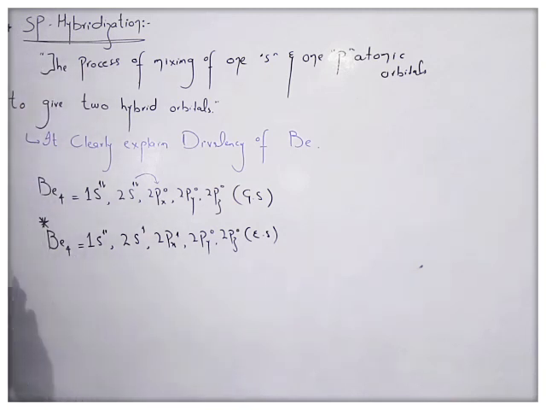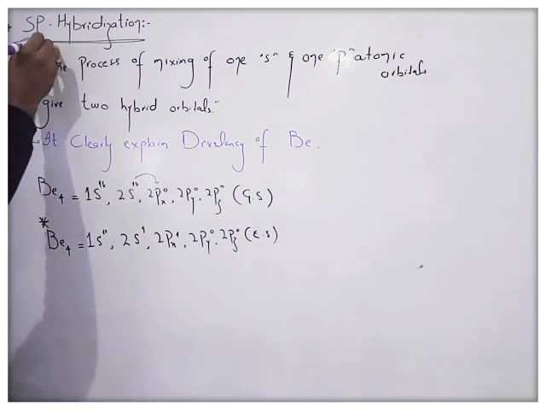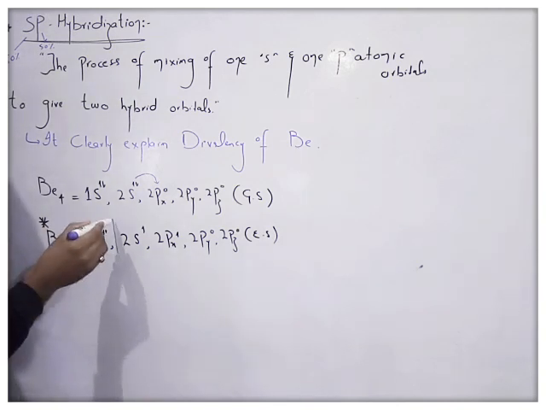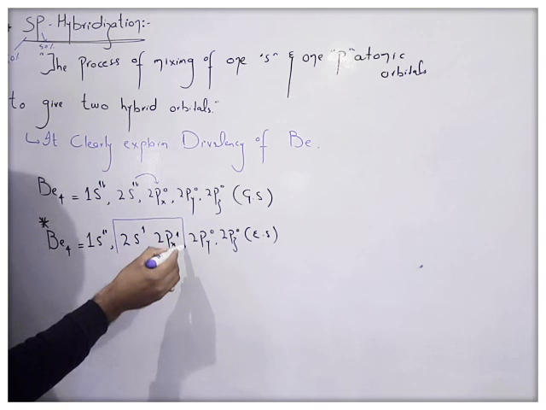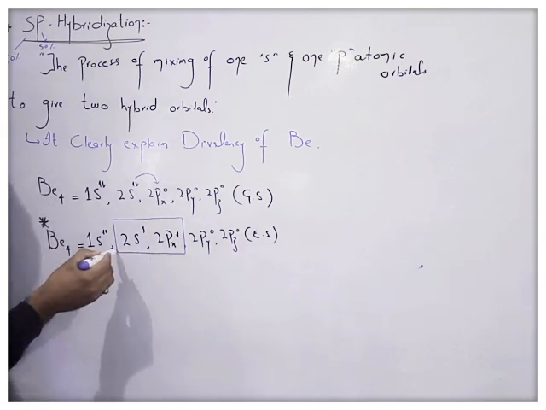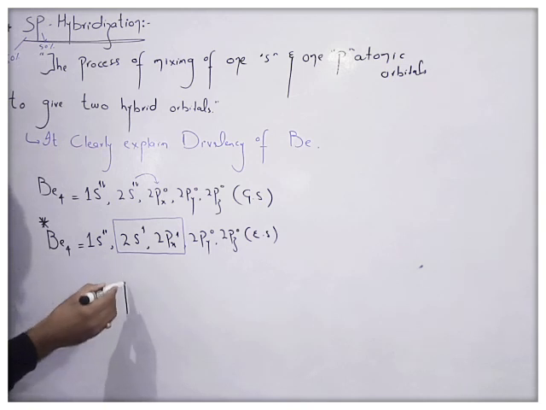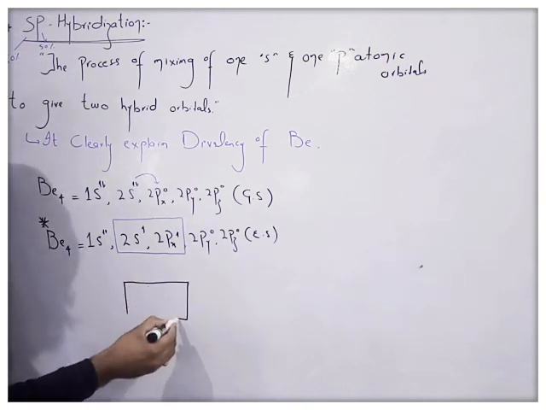Because here we are discussing sp hybridization, s character is 50% and p character is also 50%. 1s and 1p atomic orbitals join each other to give hybrid orbitals, and two sp hybrid orbitals are formed.